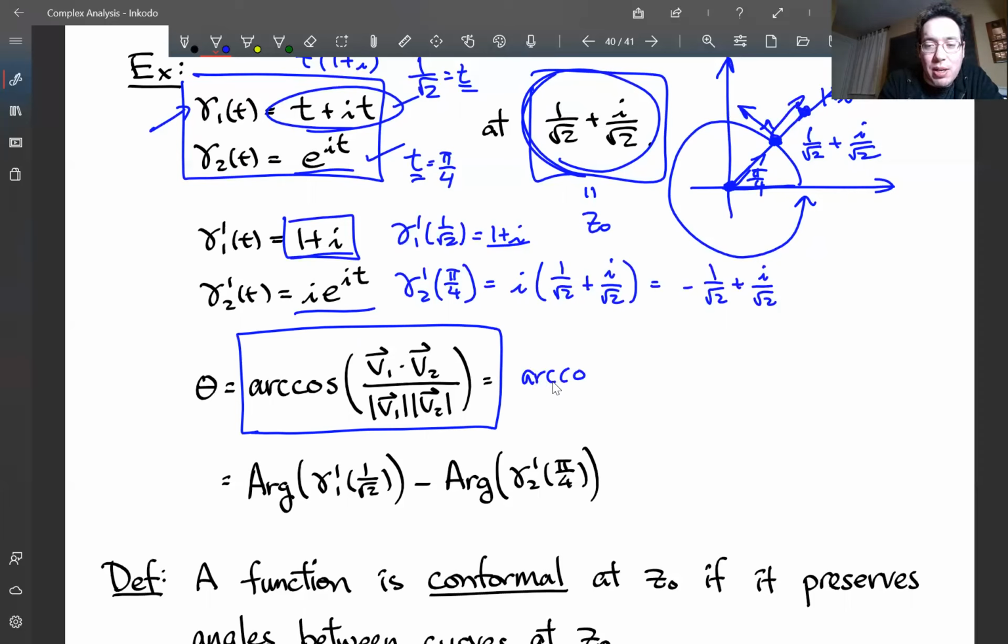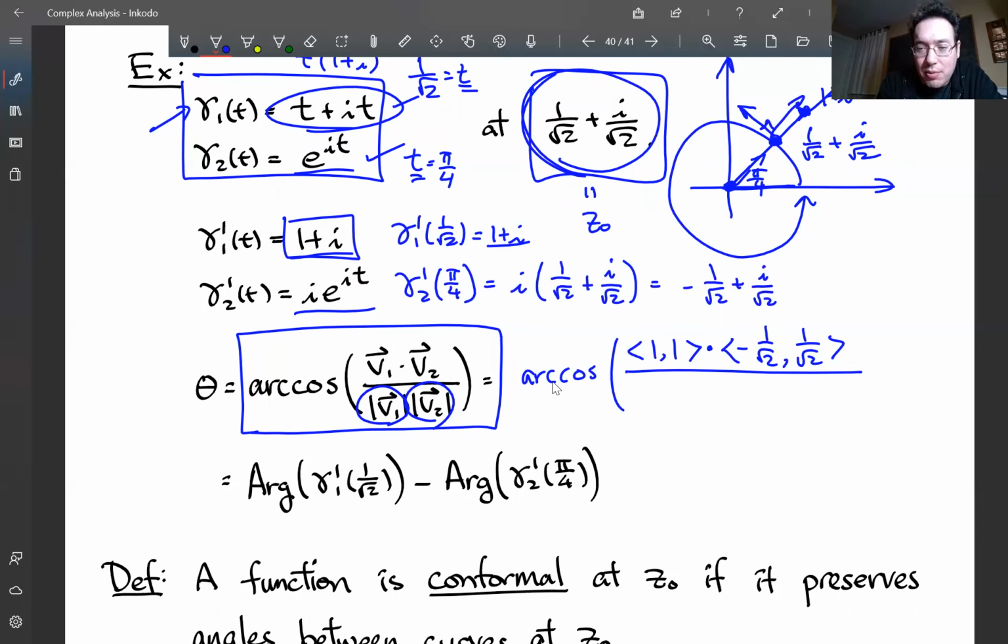So arc cosine of the first vector, 1 plus i, in the vector notation in Calc 3 class, that's what that looks like. And the vector for the second curve is negative 1 over root 2, comma, positive 1 over root 2, divided by the magnitude of each vector.